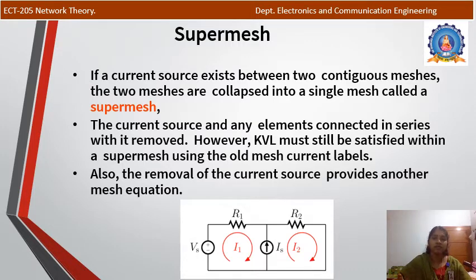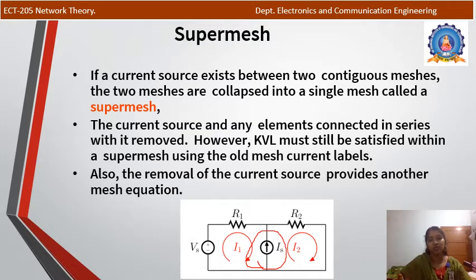And in this case, what happens if there is a current source in between two meshes? Guys, here in between the meshes, there is a current source Is. So can we do the same as the previous mesh analysis here? No, it's not possible. If a current source exists between two meshes, what we have to do is collapse that into a single mesh. So we exclude or remove this portion.